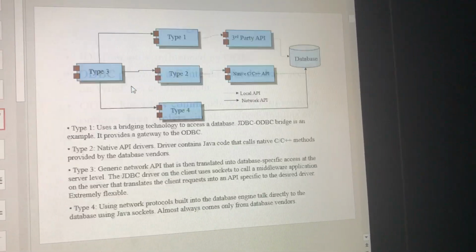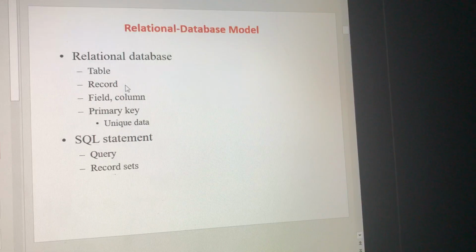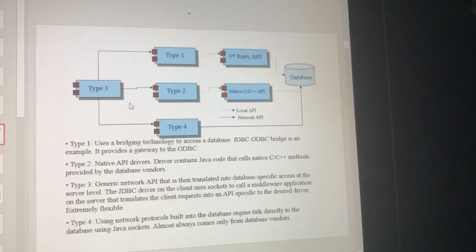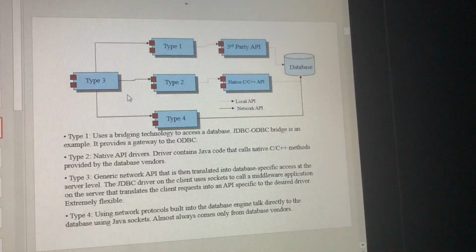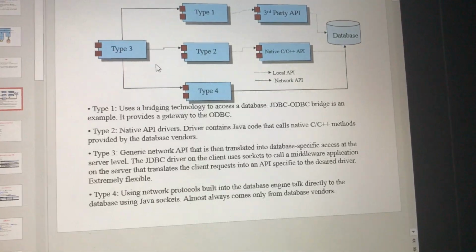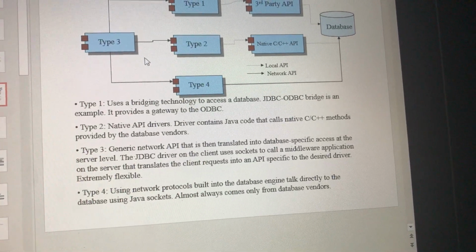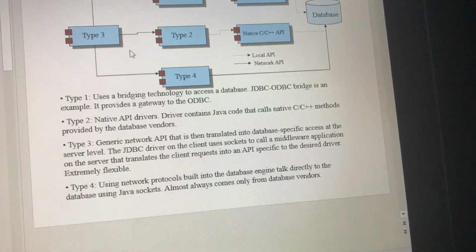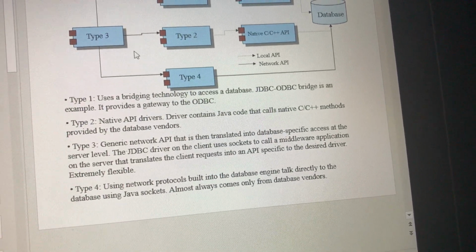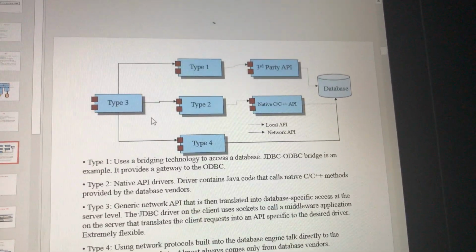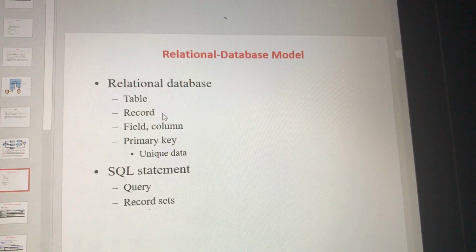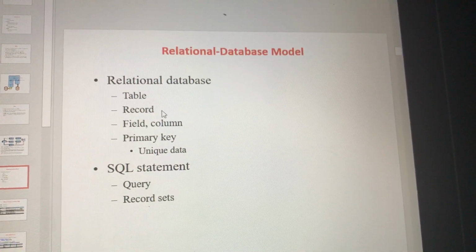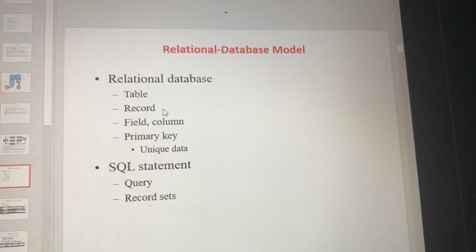We are coming to the SQL. So here we can see the use of a bridge technology to access a database. The JDBC-ODBC bridge is an example, which is type 1, type 2 and type 3. And relational database, table, record, file, column, primary key and query, record set.